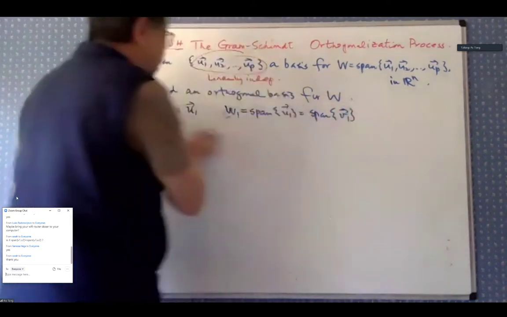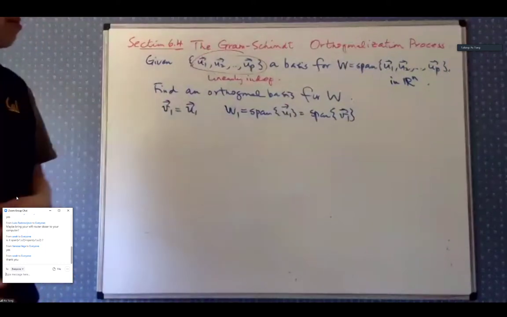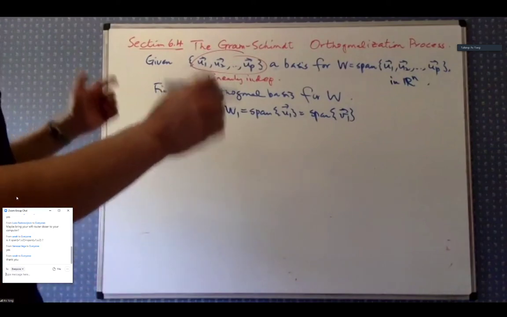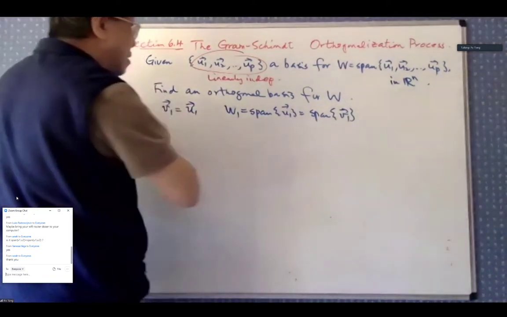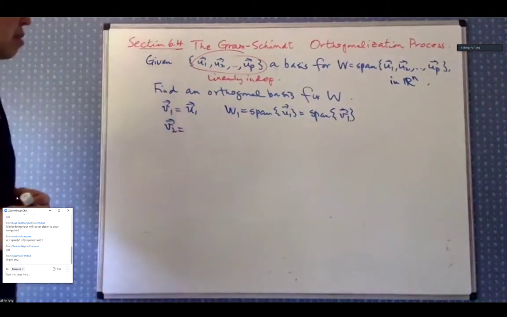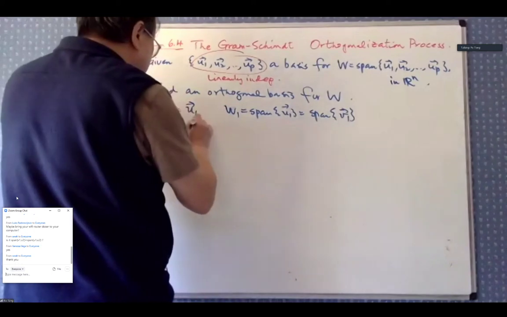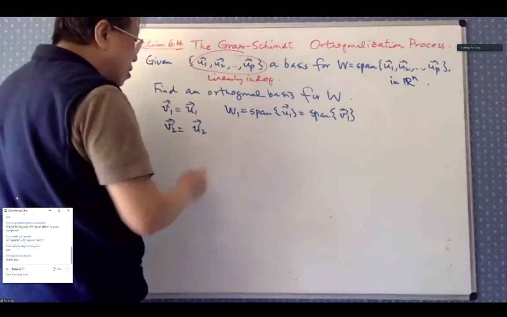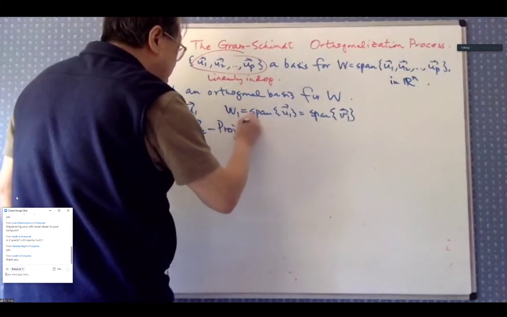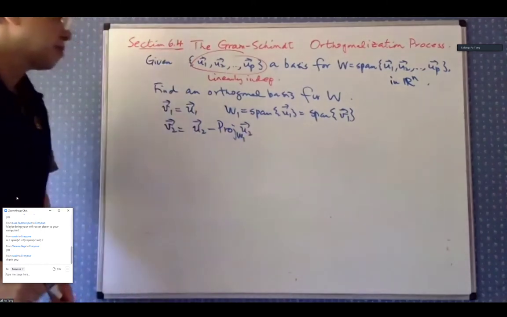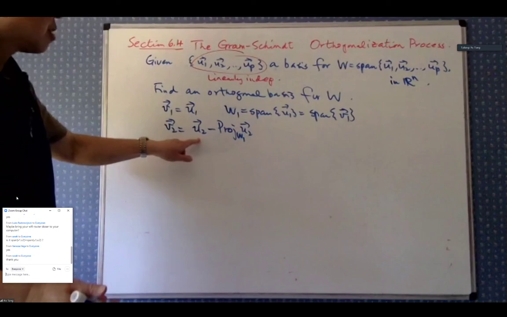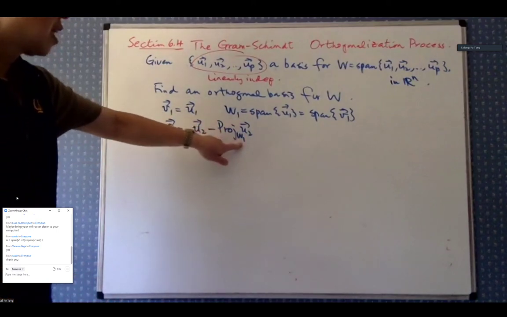This is just picking the first vector. U1 and V1 are the same. Now, V2 is going to be equal to the vector U2 minus the projection of U2 onto W1. This is what we did earlier. You're projecting this vector and subtracting the projection onto that line.